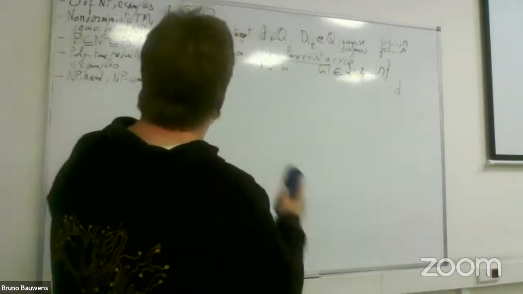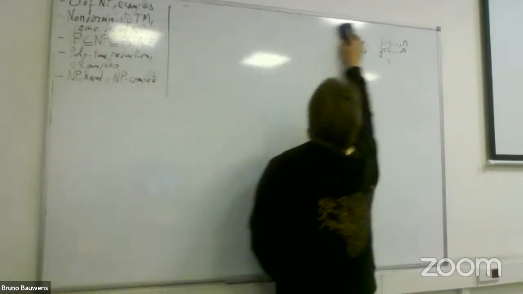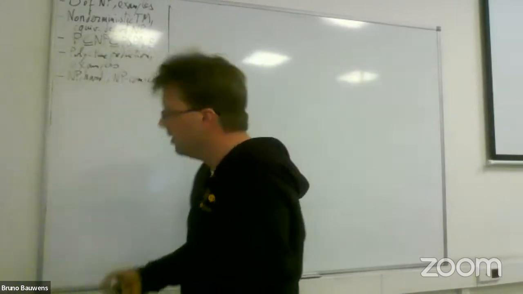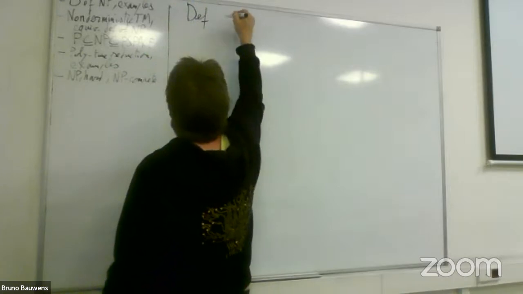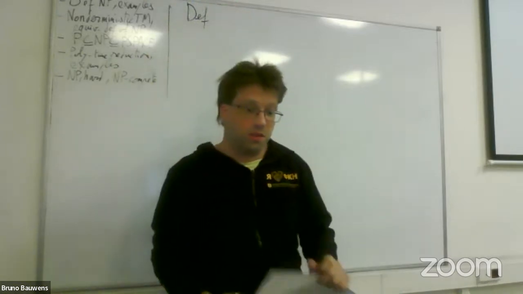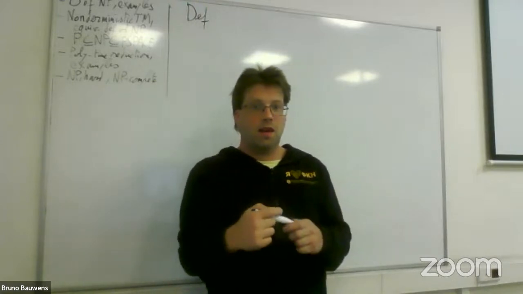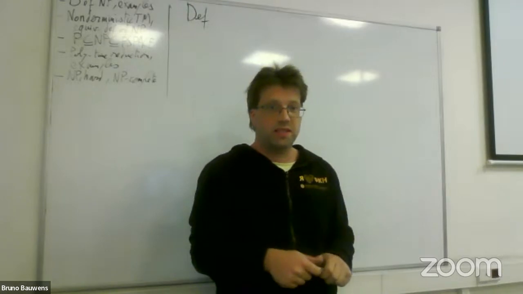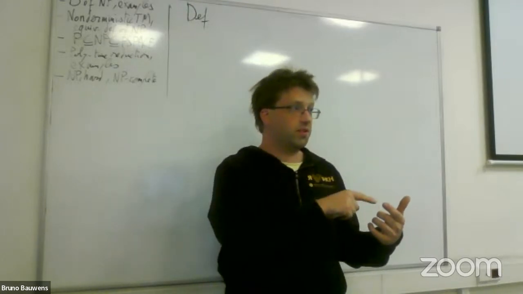Yes, so for definition, we will speak about decision problems on languages. Let's go to the definition of a verifier. A verifier is a Turing machine that receives two strings as input. A polynomial time verifier checks whether the second string is a certificate for the first string.